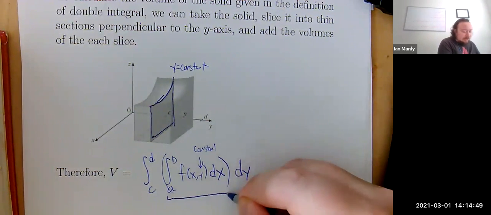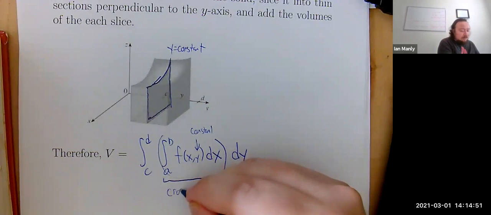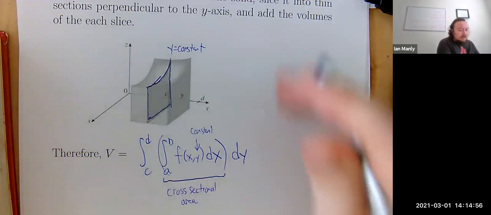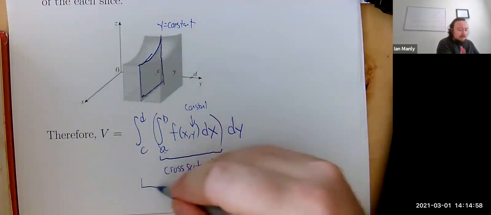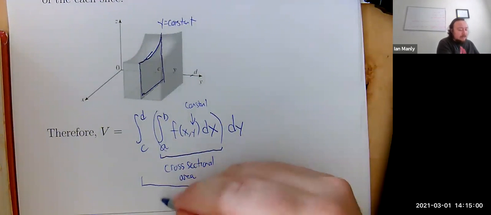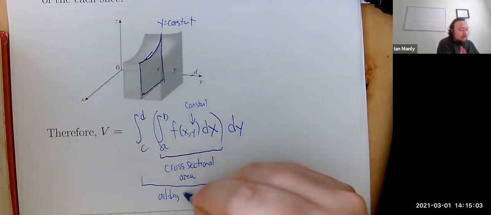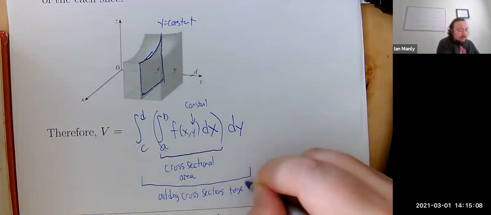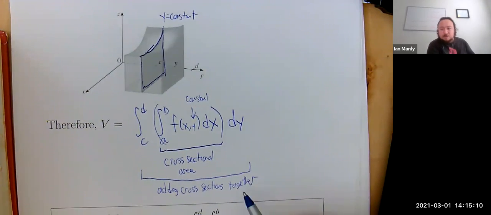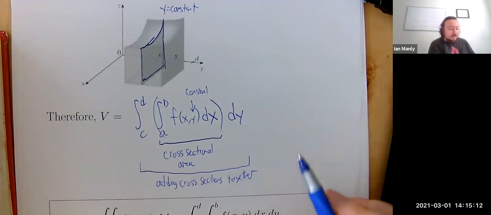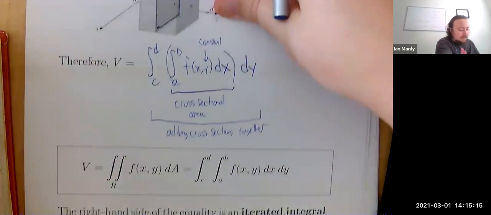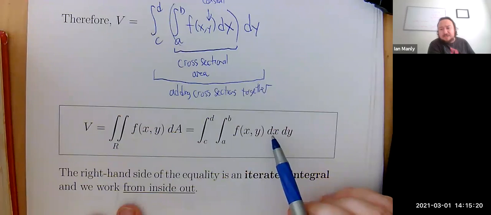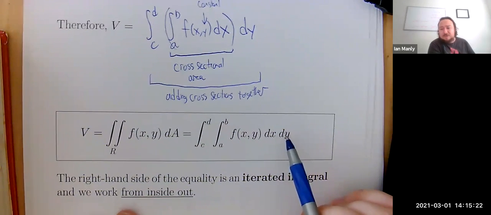So this right here gives us the cross-sectional area, and then the whole thing would be adding cross sections together. So that's what's going on with this integral right here. And so you'll often find that we can do an integral with respect to x, and then we could do so with respect to y.